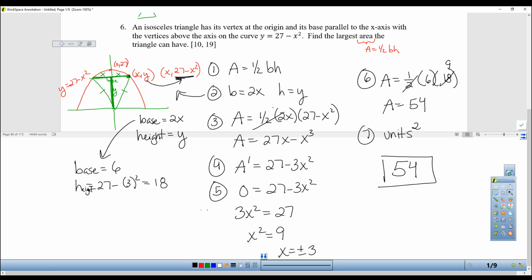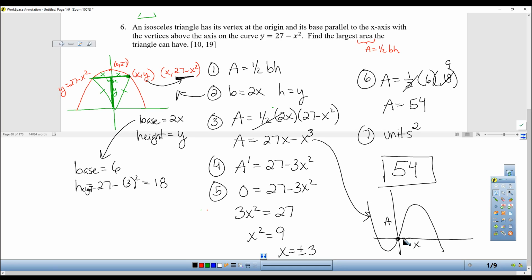But again, to understand why this works, this is the area for different values of x. So it's some kind of a cubic function that crosses through 0, and it has a max and a min depending on what x is.